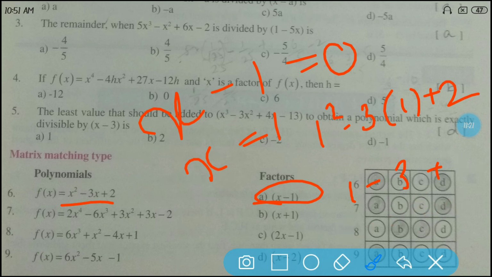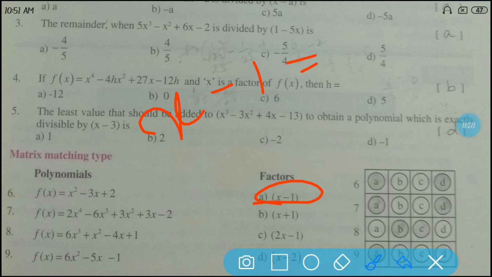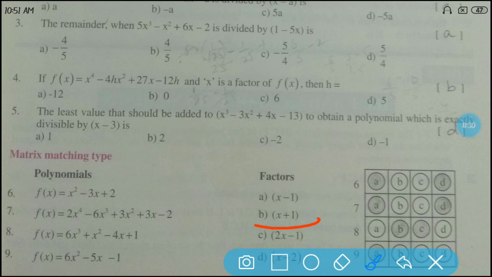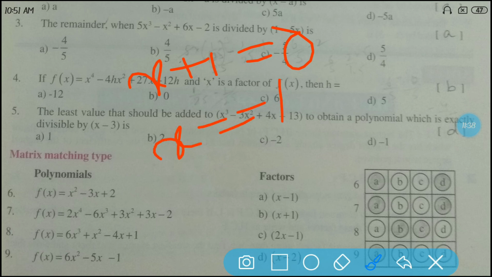Now let me clear everything once again. Now if we have here x plus 1, we will take this B option. Okay, so x plus 1 is equal to 0. Then x is equal to minus 1, right? Now wherever you find x, here put minus 1.